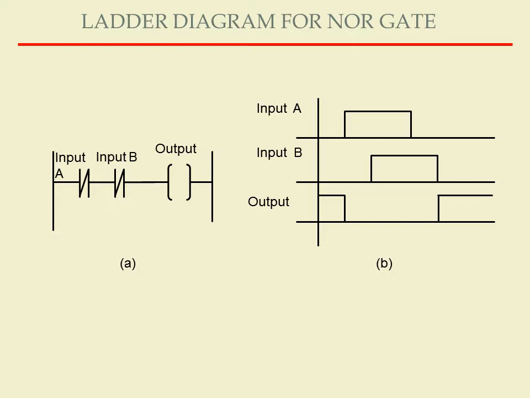Next, input A is 1, input B is 1, output is 0. Input A is 0, input B is 1, output is 0. So for 0 0 input only, output is 1. For all other cases, that is 1 0, 0 1 and 1 1, the output is 0.